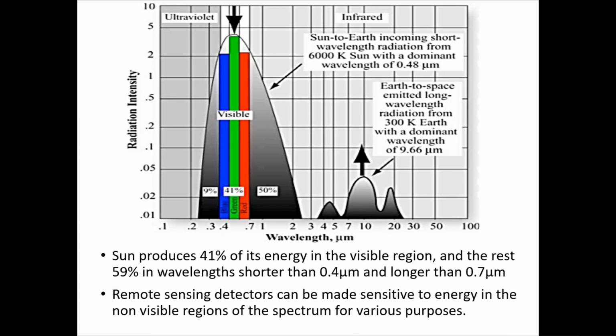So we can consider different remote sensing detectors or different sensors which can be made energy sensitive in the non-visible regions of the spectrum for different purposes, as you can see here, so that you don't need an external source to illuminate.